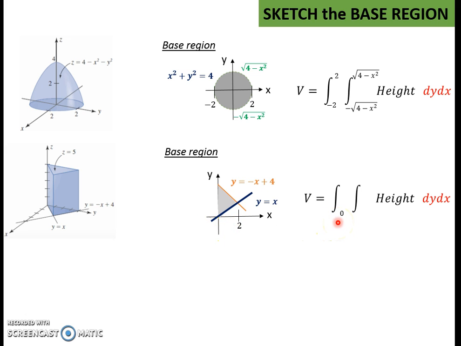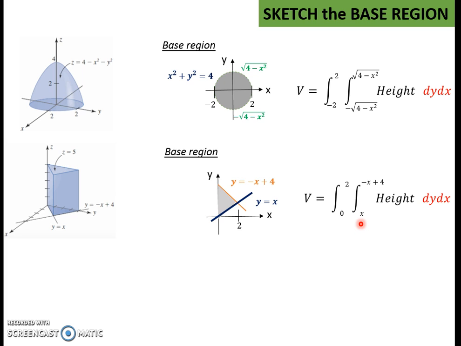Therefore, the integration limit is from 0 to 2. Meanwhile, the integration limit for dy here should be in the function of x. The bottom graph here is the function x, while the higher function here is the function negative x plus 4. Therefore, the integration limit here is from x to negative x plus 4.